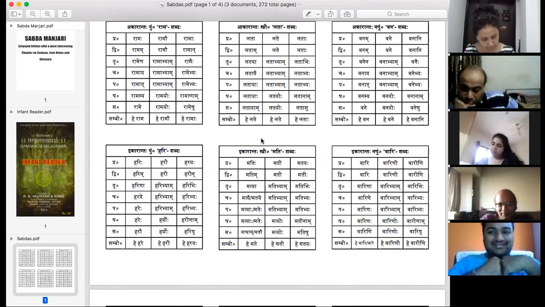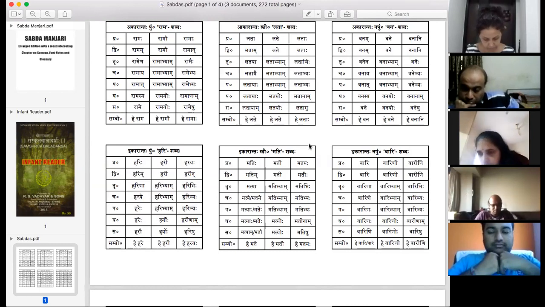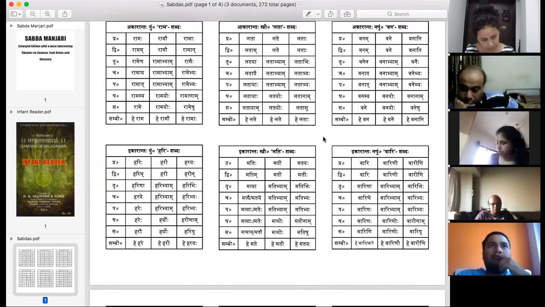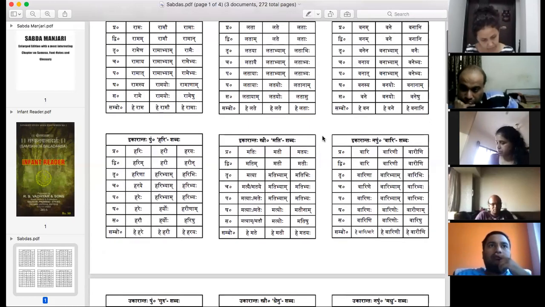There are always some exceptions. See, it's a language, so there will always be exceptions. And exceptions will be dealt with separately. That is why they will have separate shabda for exceptions. But predominantly, most words can be fitted into one of these prototypes.